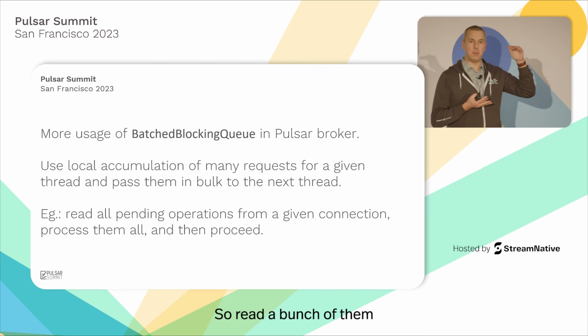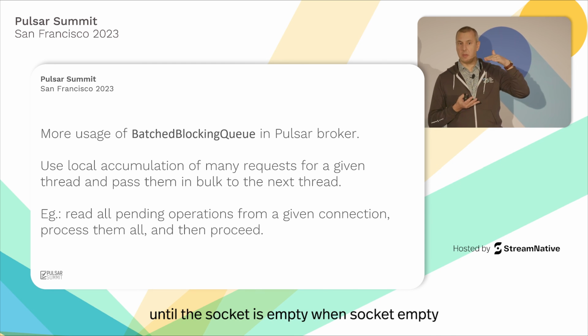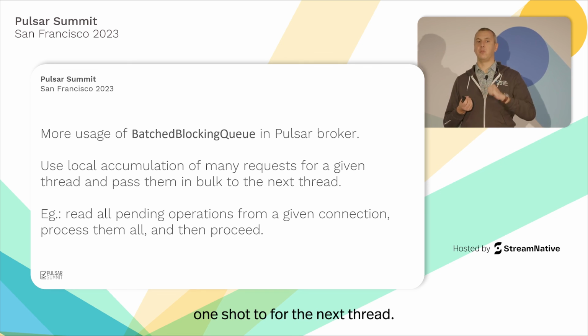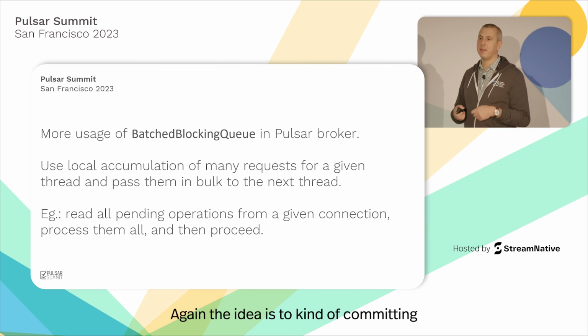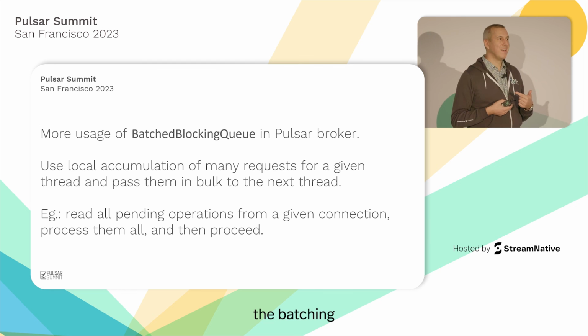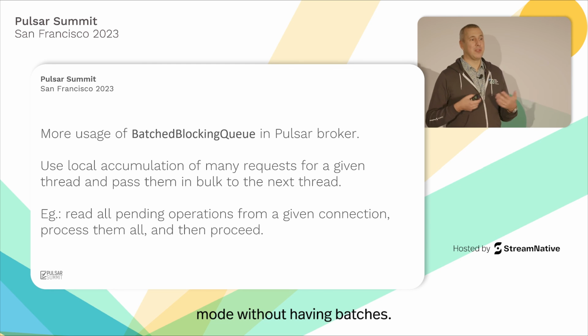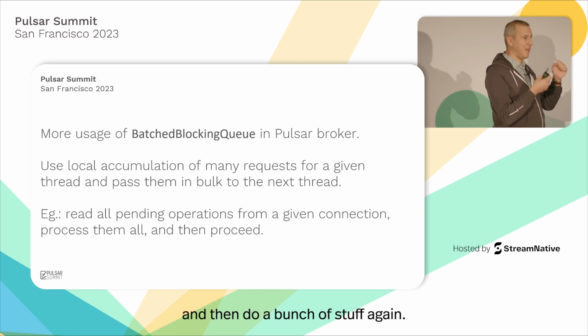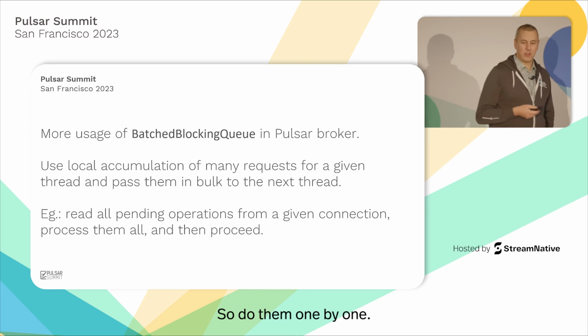So read a bunch of them until the socket is empty. When the socket is empty, then we have a bunch of requests, and we can send them in one shot to the next thread. Again, the idea is to mimic the batching mode without having batches. So do a bunch of stuff, pass on to the next thread, and then do a bunch of stuff again, instead of doing one by one.